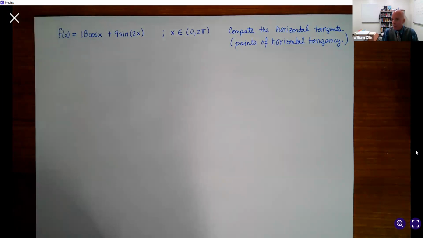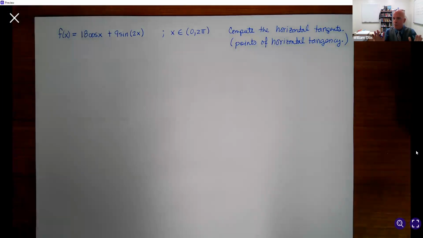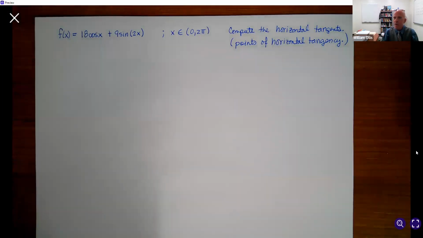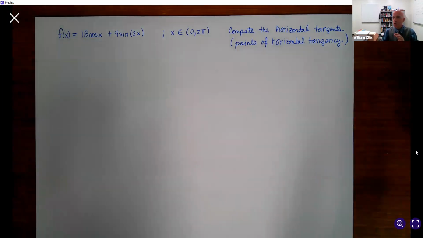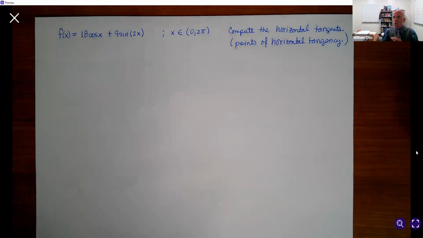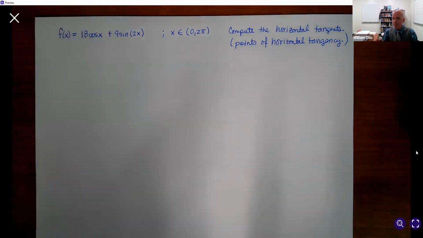Notice before in the previous problem, I just noted the values of x where we had horizontal tangents. I did not compute the y value. And then we looked at points where we would have the vertical tangents, but those were on the axis, so that was simple. So if a problem may ask, and this is going to be a term we have later, the term will be critical points.